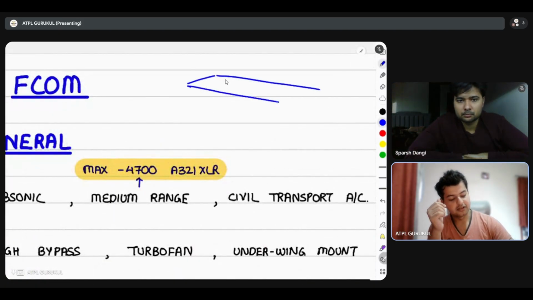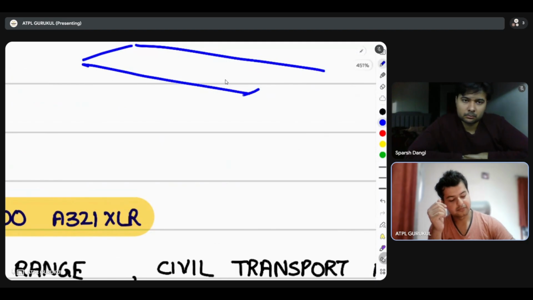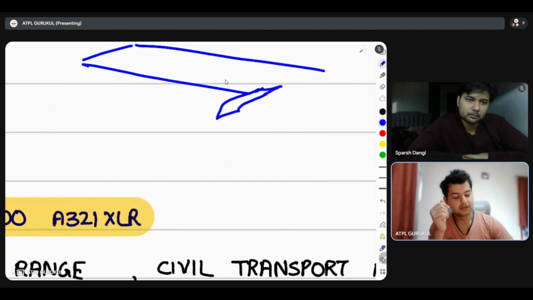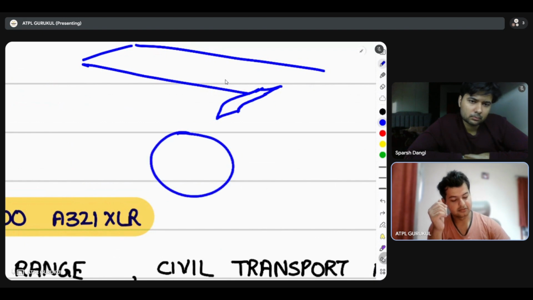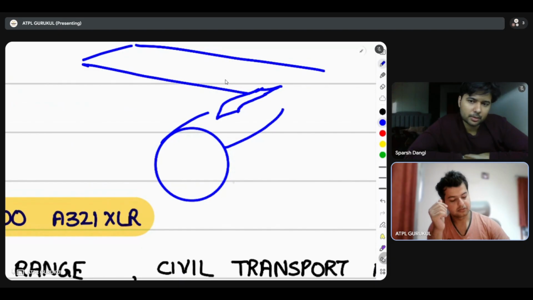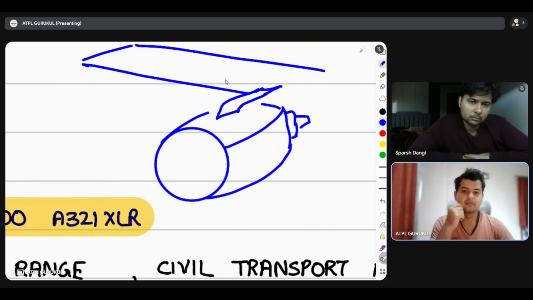Let's say this is the wing. Okay. We have this particular structure. This structure is known as the pylon. Just ahead of the pylon, we have the housing of the engine.